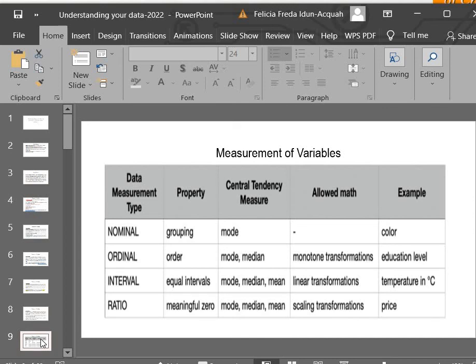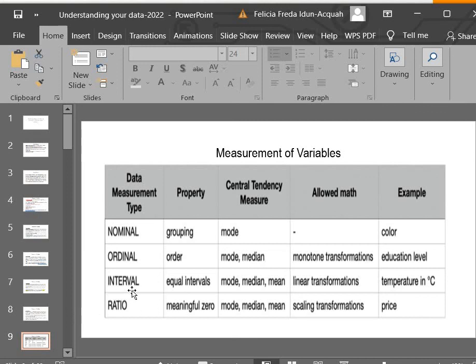Now let's look at the summary of the variables and their implication for some central tendency measures that we have. For instance, we look at nominal variable here, the property is that it is meant for grouping, and the best central tendency measure is what we call mode. If you look at the ordinal variable, the property is on ordering the scores on the variables, and the best measure of central tendency could be mode or median and the rest.